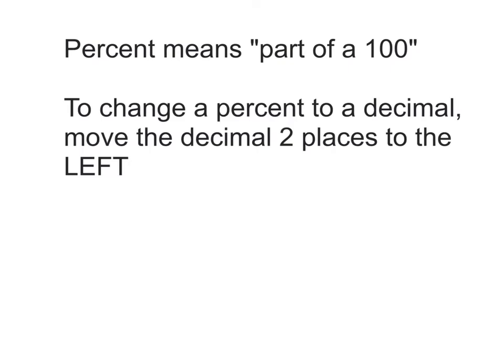To change a percent to a decimal, we simply move the decimal 2 places to the left. In the case of 32%, if we wanted to change that to a decimal, our decimal begins right here, and we move it 2 places to the left, making 32% 0.32, or 32 hundredths.